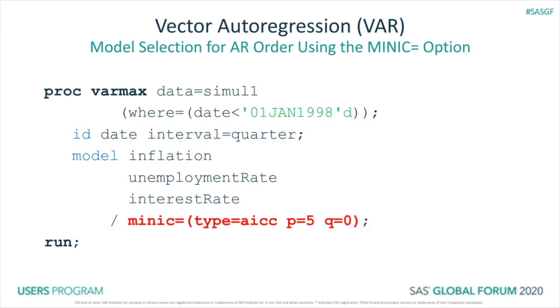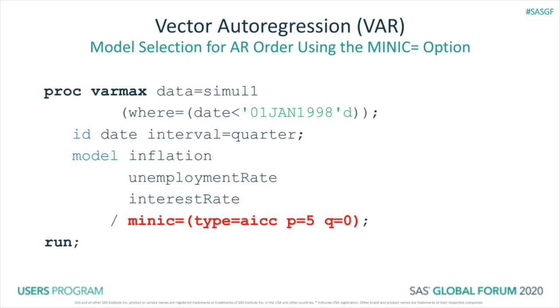You input the data, and here we do a little trick to exclude 8 quarters of data, so that later we'll do the out-of-sample forecasting. Then you provide the ID, since this is quarterly data. In the model statement, you put your dependent variables in: inflation, unemployment rate, and the interest rate. Here we need to do model selection first, because we are not sure how much past information we should include: 1 quarter, 1 year, or 10 years.